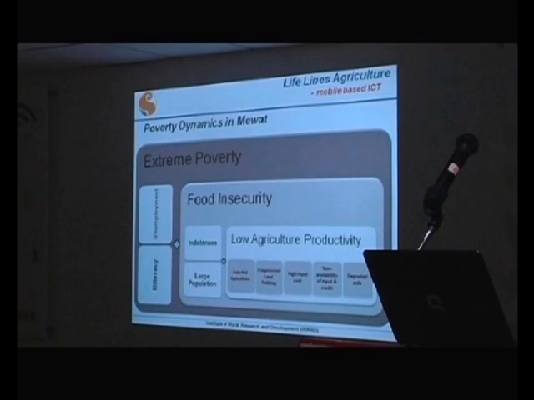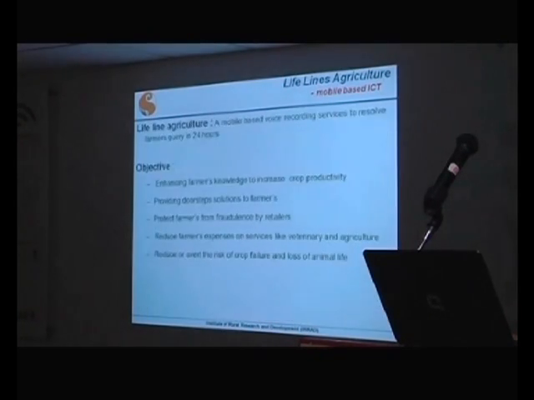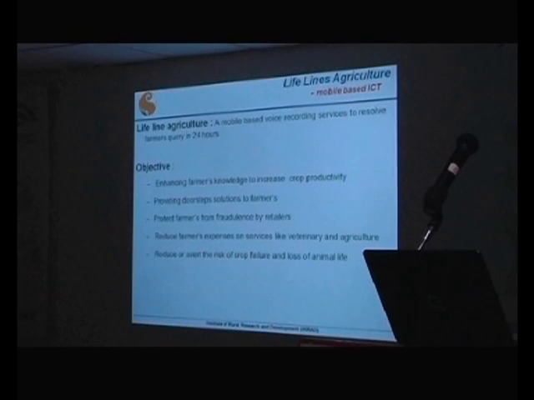There are very few private doctors and private agencies working in our area. There is a lot of chance of farmers being cheated by retailers, because the farmers are not very educated. So if farmers get the right information, the right name of the medicine, the right name of the seed, the right name of the company, then at least he can be protected from the fraud which usually happens in this area.